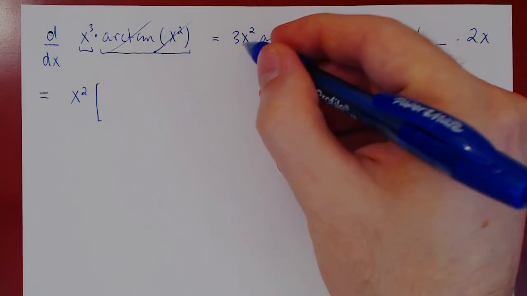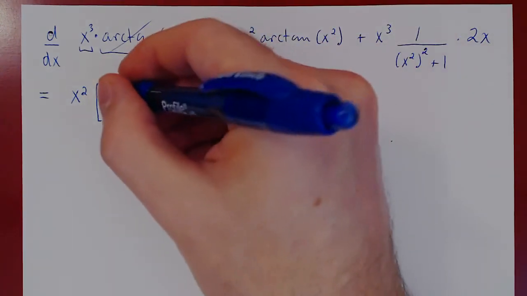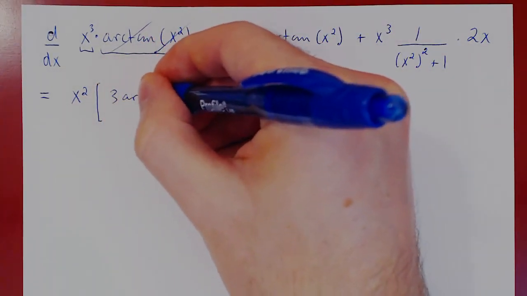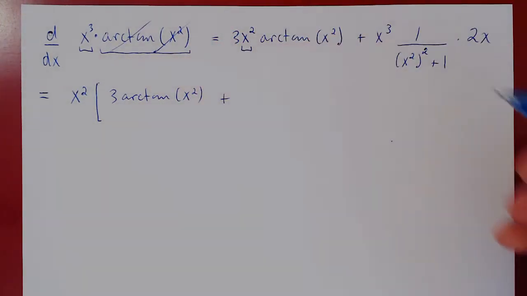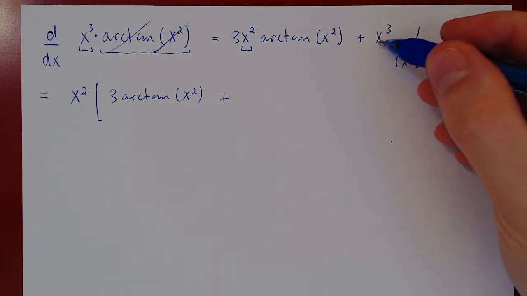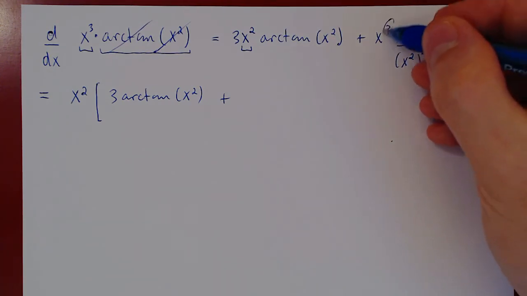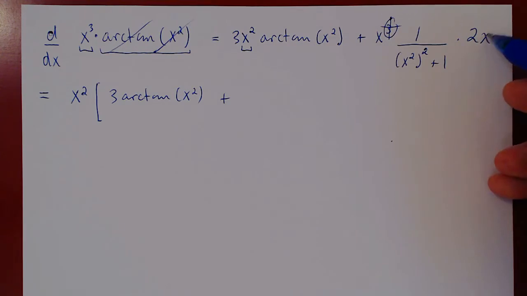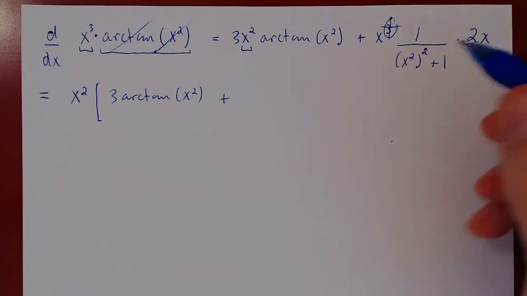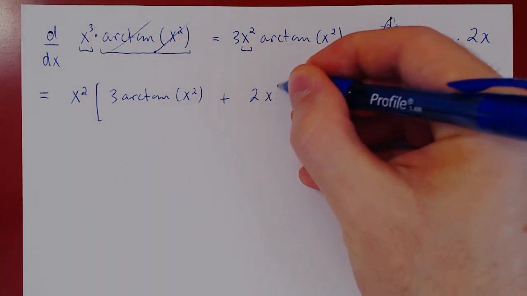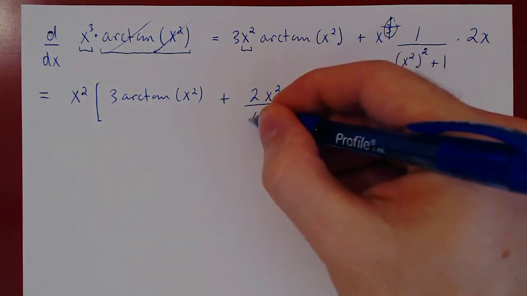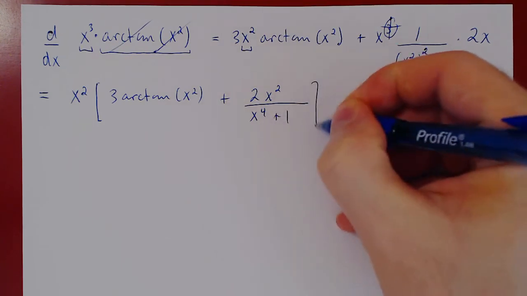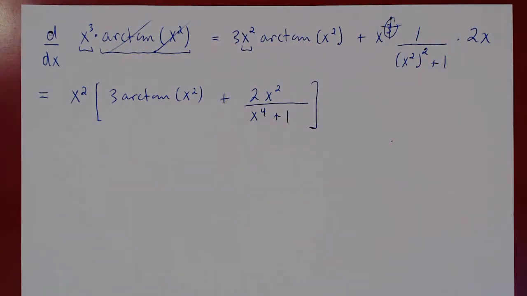And if we do, we're left here with a 3 arctan of x squared plus, if we factored x squared from x cubed, that leaves us with a single x, times x, therefore 2x squared on the numerator, over x squared squared is x to the 4, plus 1. So there you have it, the derivative of x cubed times the arctangent of x squared.